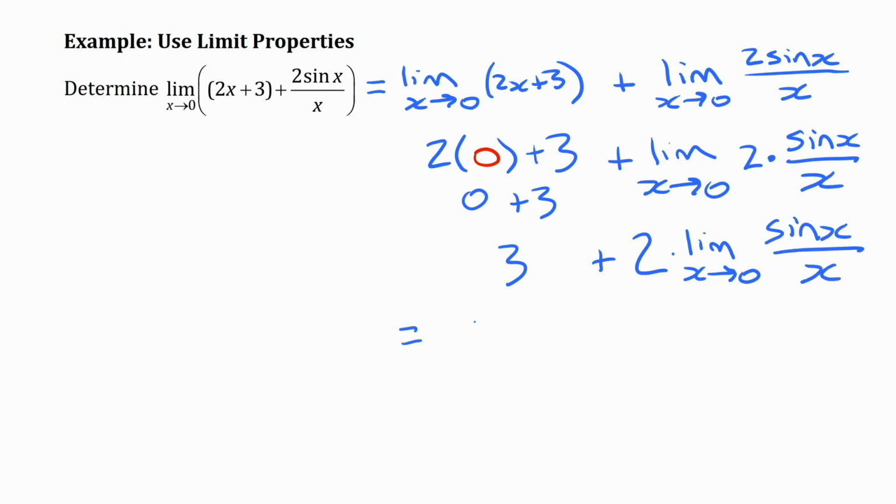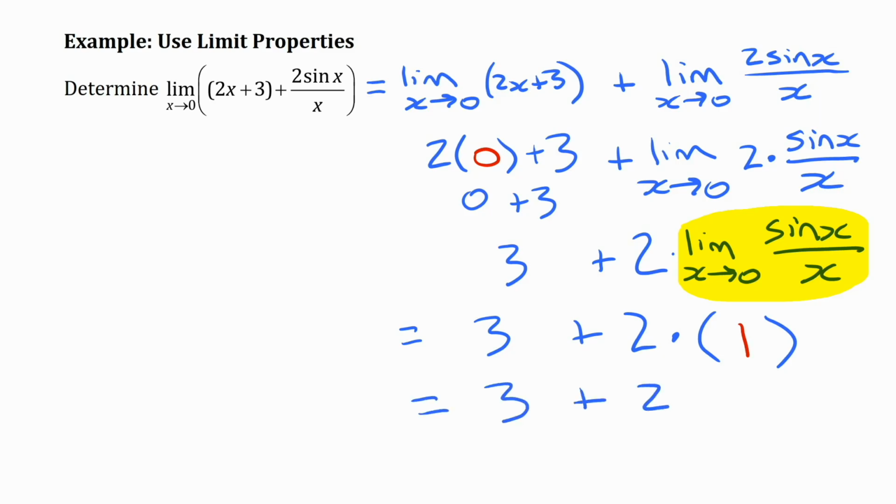And then this whole thing is going to equal 3 plus 2 times the value of this limit here. Now, if you think about it, that function sine x over x we've seen before, and we know that that value is 1. This is going to be what we call a known value, and we can just replace it with 1. And then so the value of this limit is 3 plus 2, which is of course 5. Even though we don't know what that original 2x plus 3 plus 2 sine x over x function looks like, we know that as x approaches 0, the y values approach 5.